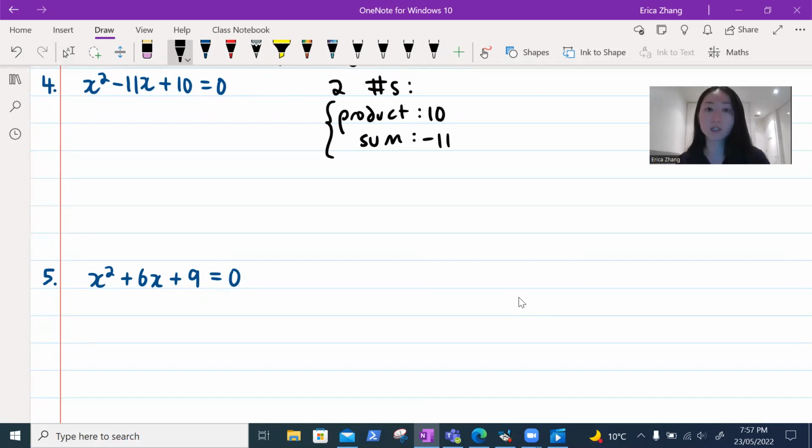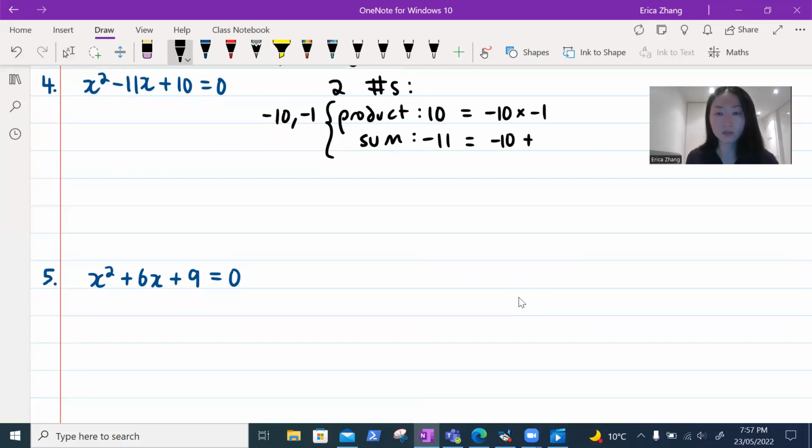The only way for that to be true is if both of our numbers are negative. And -10 and -1 satisfy these criteria because 10 is equal to -10 times -1, and then we add these two numbers: -10 plus -1, that's -11.